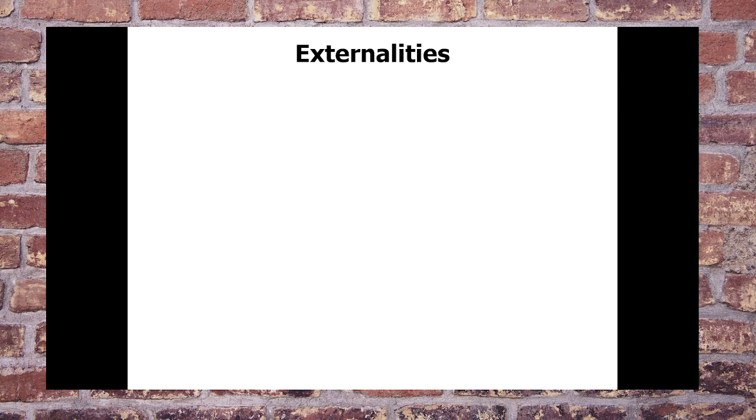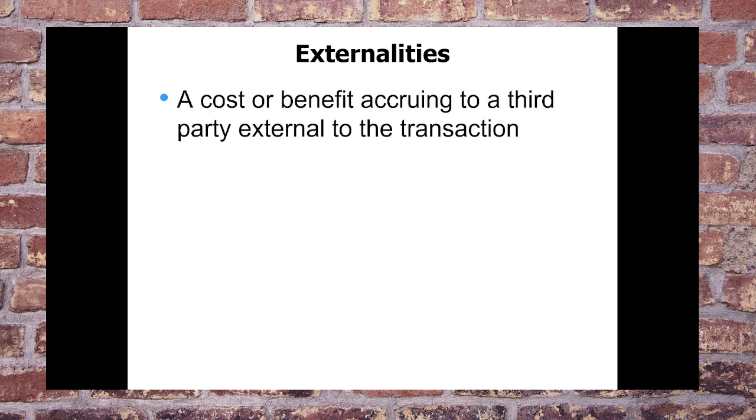Let's go to the first thing we want to talk about, which is an externality. What is an externality? It's when a cost or benefit accrues to a third party external to the transaction. It's neither the consumer nor the producer. So positive externality says we're producing too little of the good.